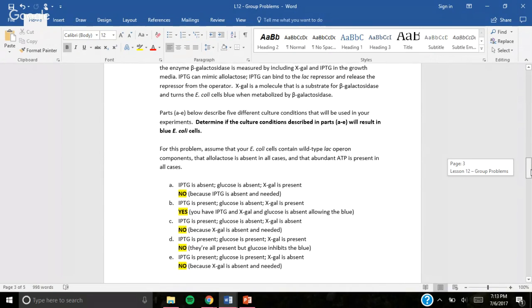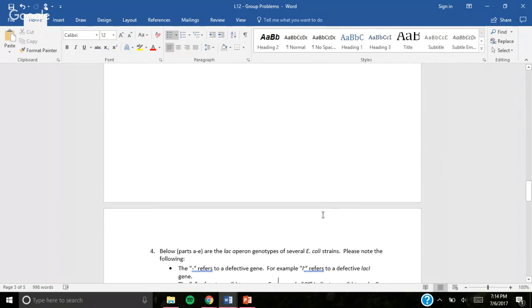For D, they're all present, but it's still no because the glucose will inhibit it. And E, no because X-gal is absent again. So only one of them would you actually see the blue E. coli cells, or would actually be metabolized.